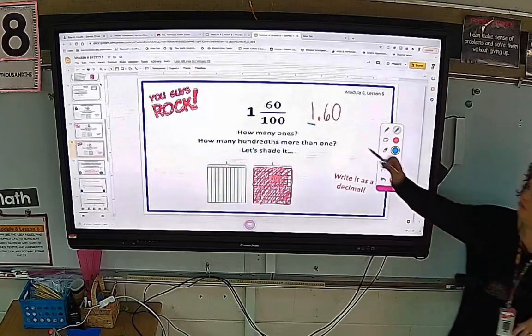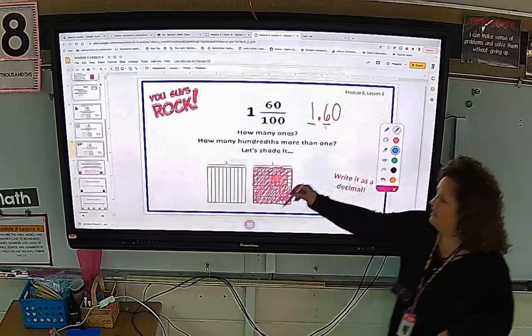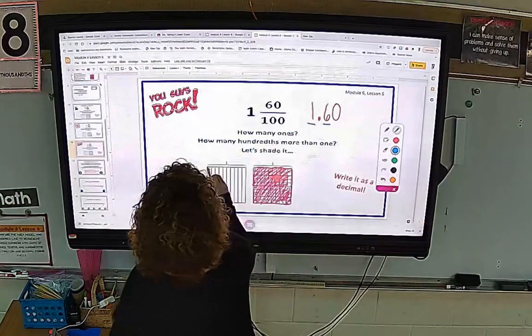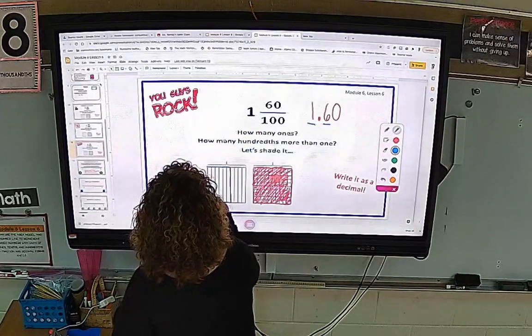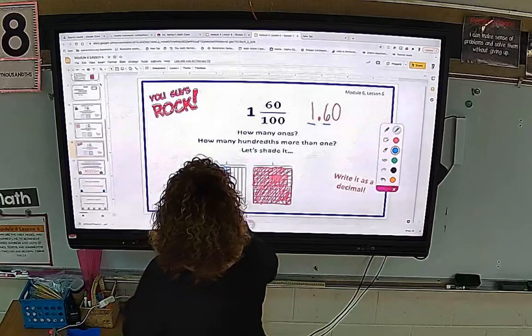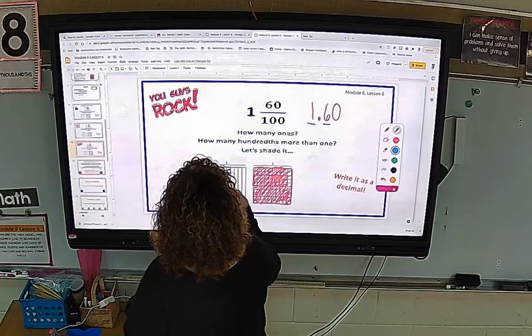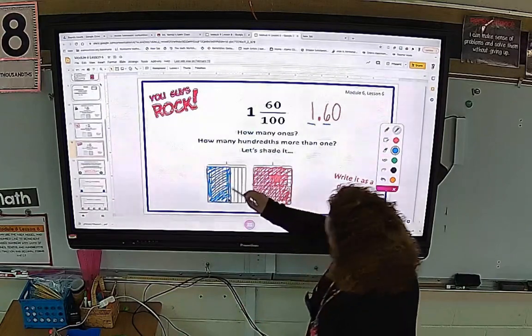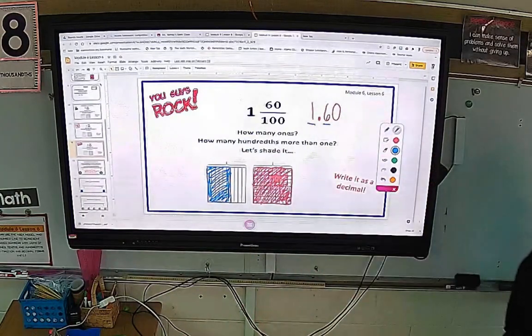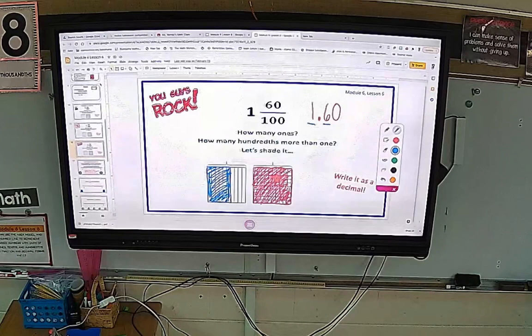Okay, so I know I'm going to 6/10. I'm going to come over here to my tenths and I'm going to outline 6 of them and shade them in. All right, I've got 4 left. I know 4 and 6 make 10. Okay, is that it? All right, anybody else have this?